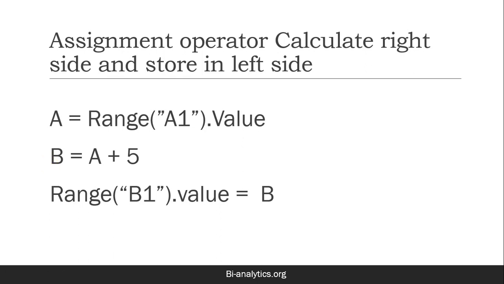Now we want to read the value of B. I write Range("B1").Value = B. So whatever the value is in B, it will go into B1's value, which is in the Excel cell. So we have written the value of the variable into the cell. Fine, this is the way to do things.